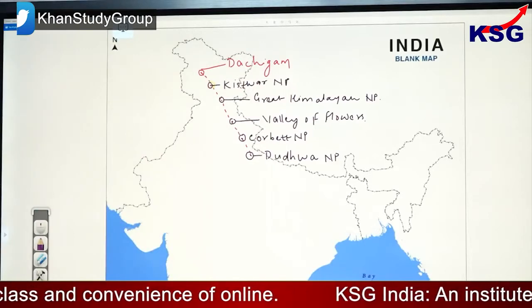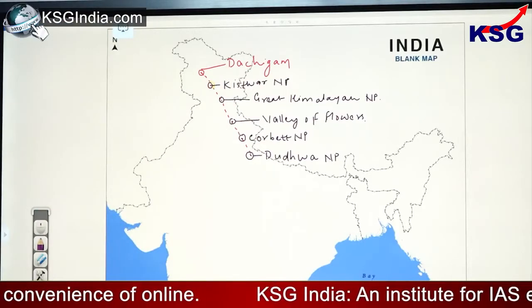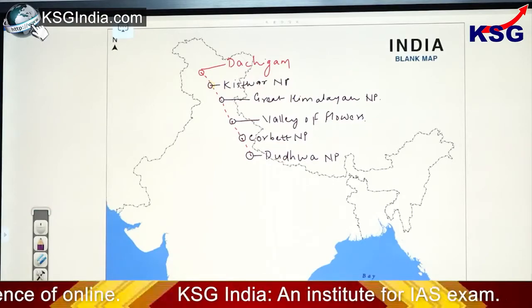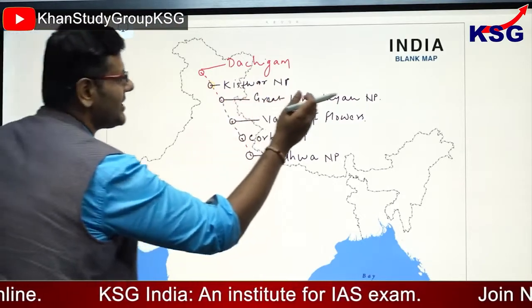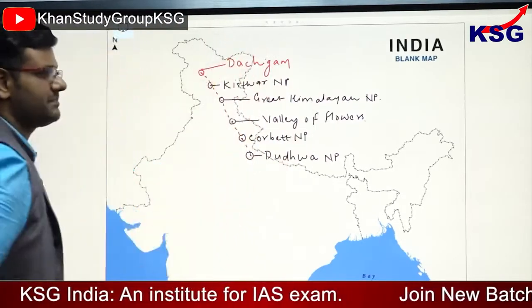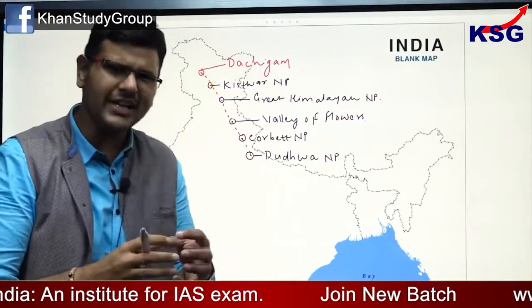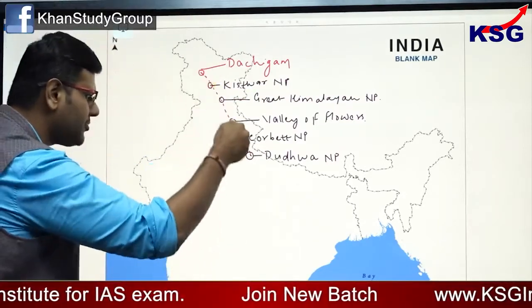So this will be in this fashion. We start from Dudhwa, then we go to Corbett, then we have Valley of Flowers, then Great Himalayan National Park, Kishtwar, and the Dachigam. So almost they would lie on this line that we have tried to make.